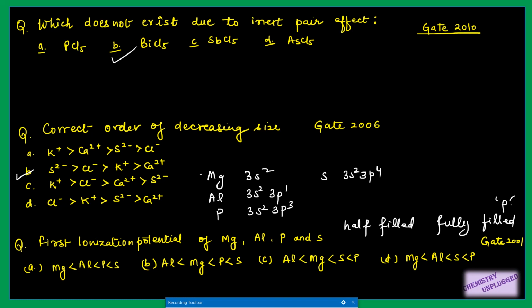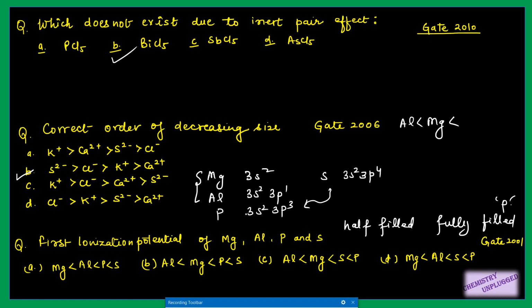So you have to compare these two and these two, right? Magnesium is present on the left hand side, so it should have lower ionization potential than aluminium. But in case of aluminium, the outermost electron is present in the p orbital, which is alone in this orbital, while magnesium has a fully filled s orbital. So removal is much more difficult for magnesium than aluminium. So lowest should be for aluminium, then magnesium.